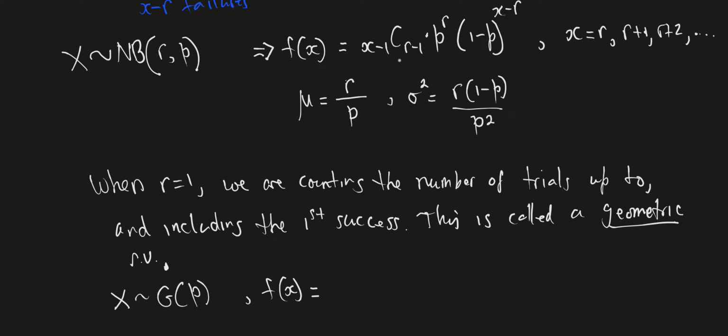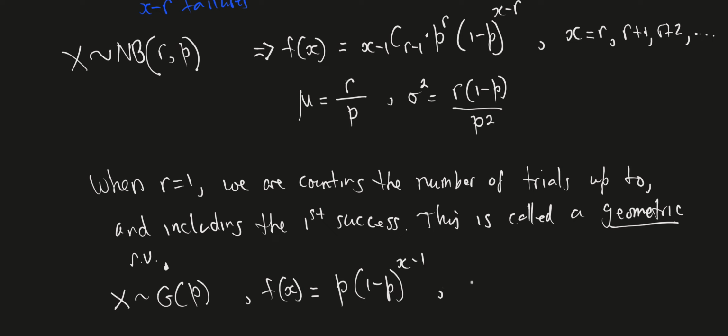So this whole thing goes away, which is great. Much easier to compute the geometric probabilities. And then you're just going to have p to the first power, so you'll have your p there. And then you're going to have (1 minus p) to the x minus 1 power.